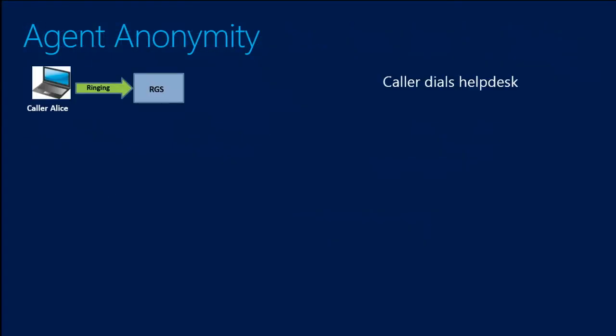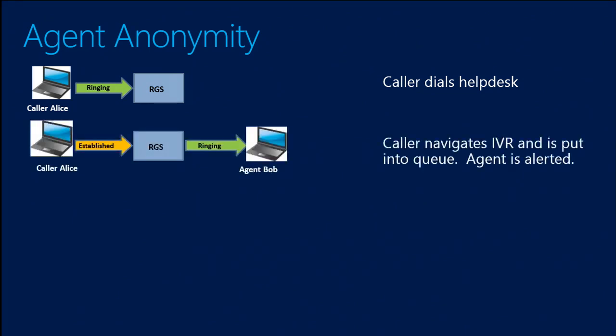Then the other use case is if a user calls, it could be anonymous, or it could be not anonymous, depending on how you want to configure that. Let's say Alice calls Bob and they establish a call. It's still anonymous. She will not find out whether she's talking to Bob or not. It's how you configure it.